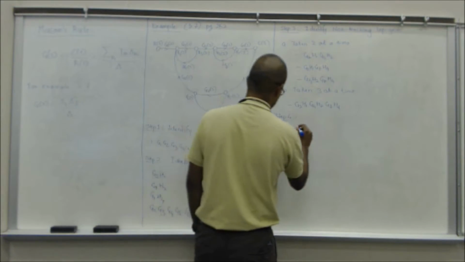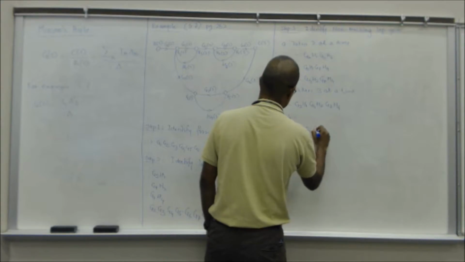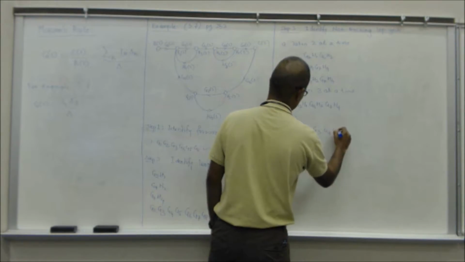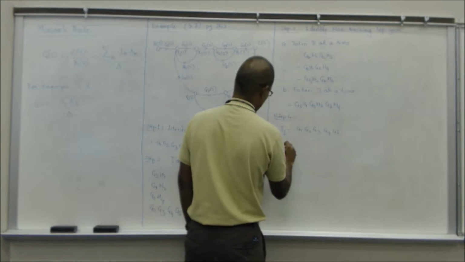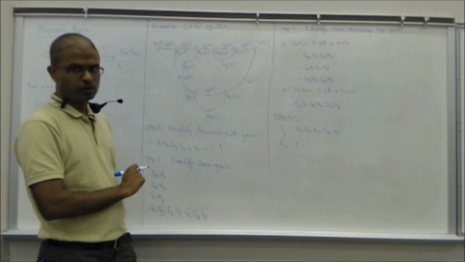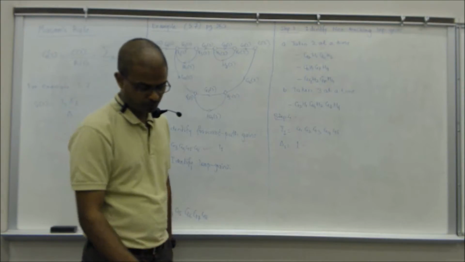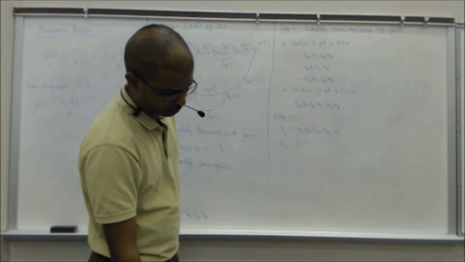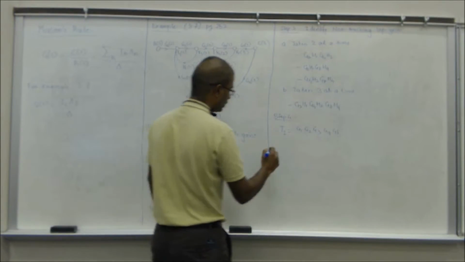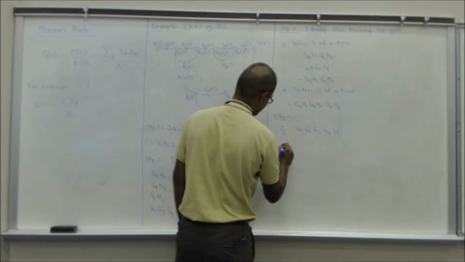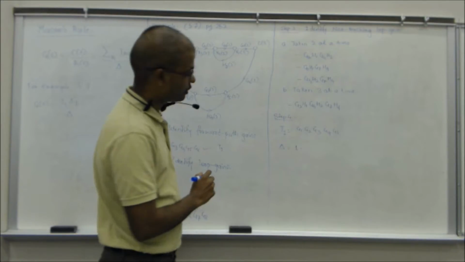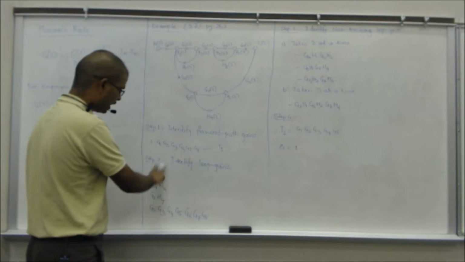T1 is G1, G2, G3, G4, and G5. Delta 1 is what? 1 minus, what did we say? Or let's do delta first. I think delta is important. We can do delta 1 once we do delta. So delta is 1 minus the summation of loop gains. So you just add all of this, okay?